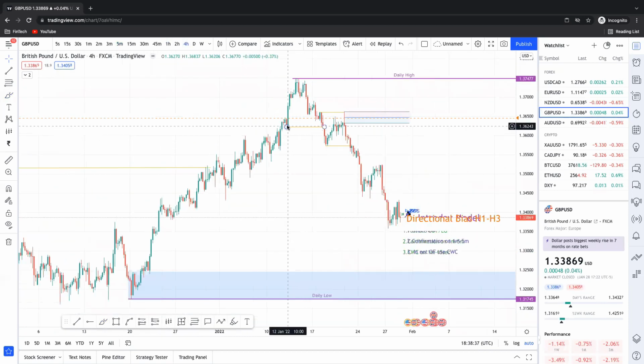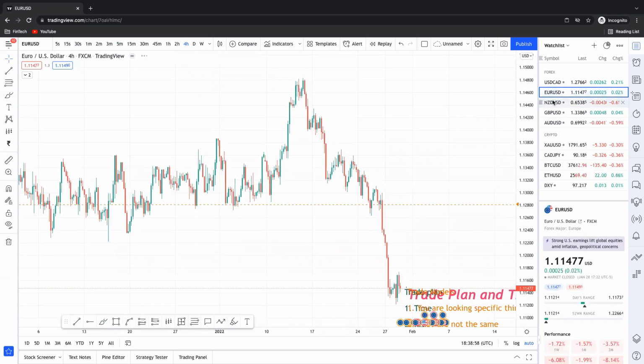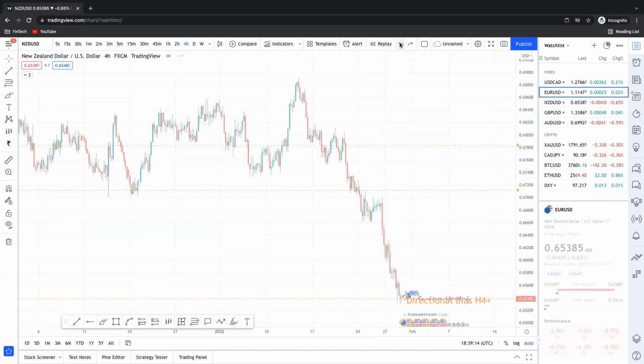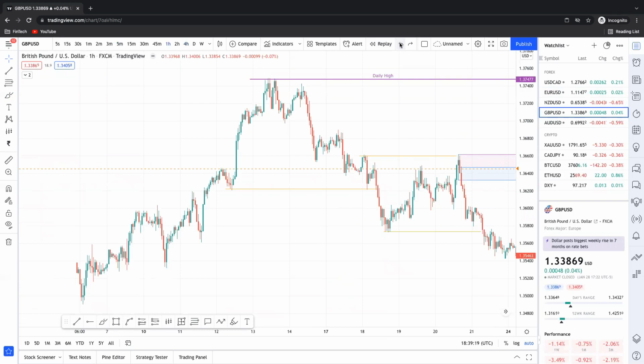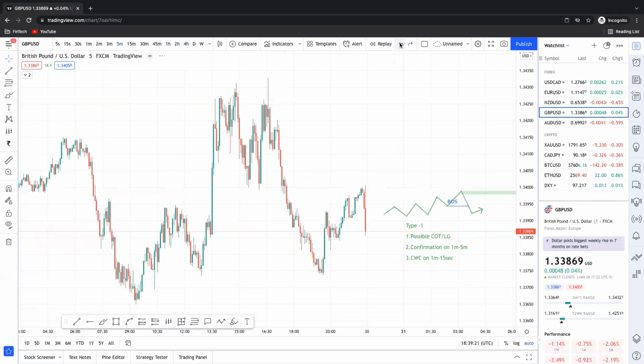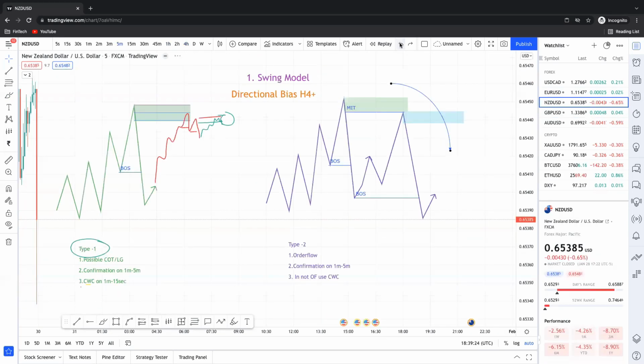See, price is coming up here, and we have the first break of structure, and we have this order block. So there will be plenty of time here to confirm, and within confirmation to go short and break the new break of structure. So this is an example of that. All right, so you need to know what to look for in the market. This is actually kind of type 1 for me to look into the model.